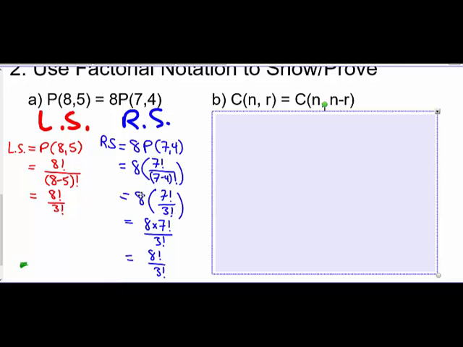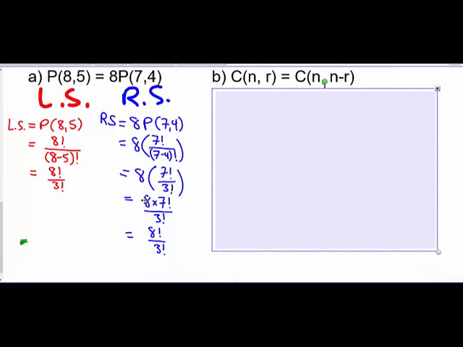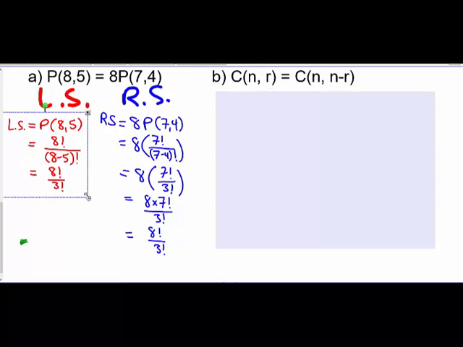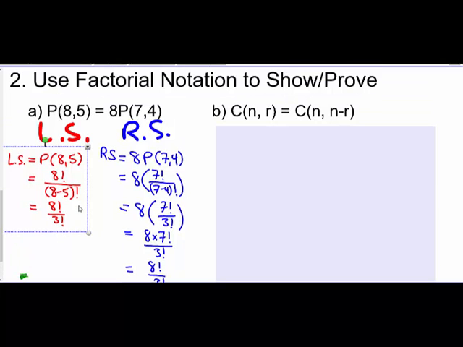And so I essentially have 8 times 7 factorial as numerators if I tried to line this up as 2 fractions being multiplied. 8 times 7 factorial, of course, is 8 factorial. So the reason I left this first side without actually going that extra step further is to explain that whenever we're doing a show or prove type question, all that's important is that I get to the exact same thing on both sides.